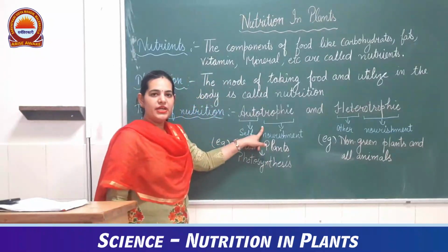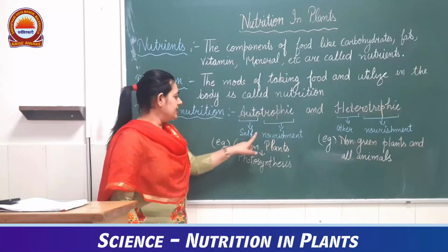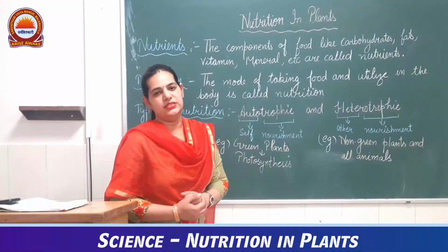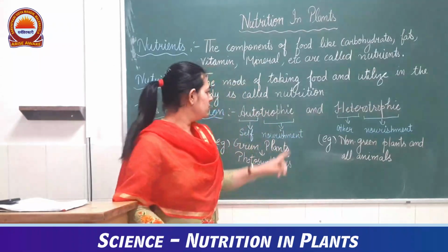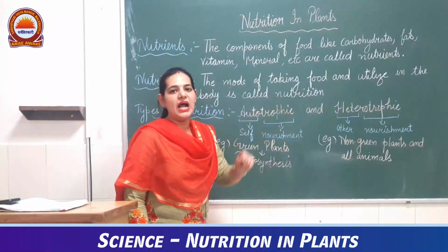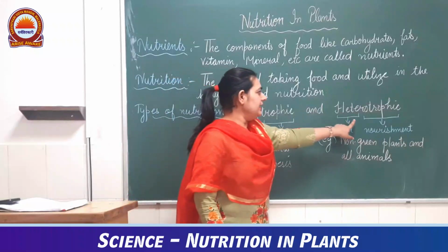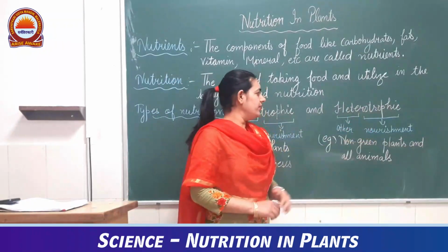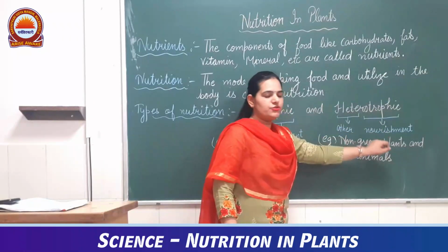But there are some organisms which prepare their own food, and those organisms are only green plants. Only green plants have the ability to prepare their own food, so they are called autotrophs. The second type of nutrition is heterotrophic nutrition. Hetero means others, trophic means nourishment.